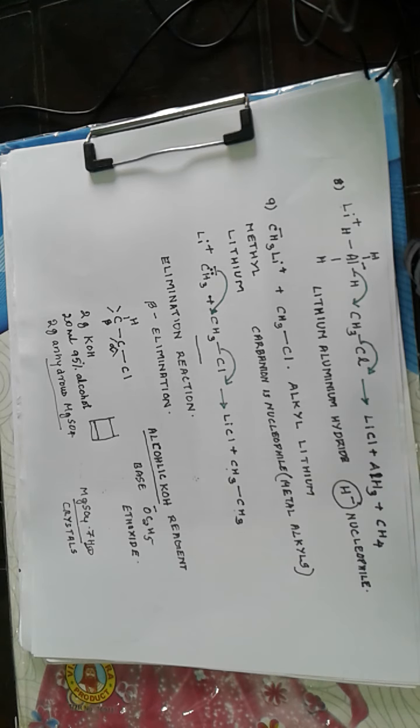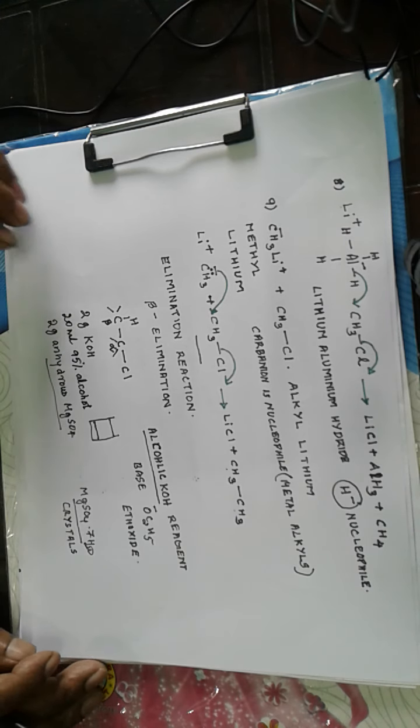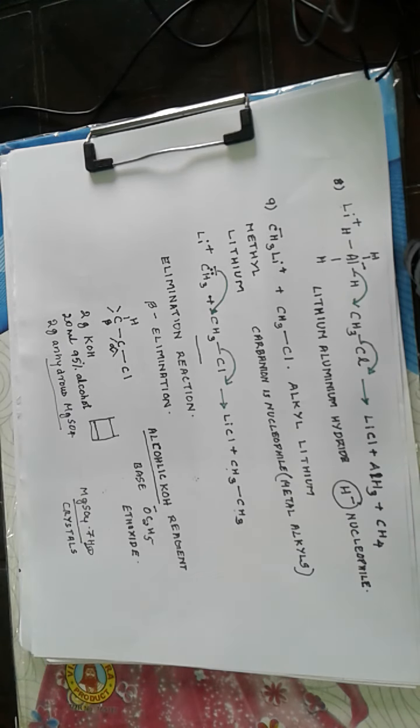Now this mixture is kept overnight. So in the mixture we have a bottom layer consisting of solid anhydrous magnesium sulfate. You keep this solution overnight, that means for one night, and on the next day you filter this solution.